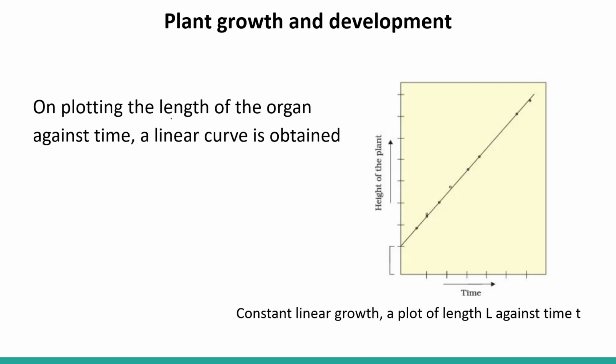Now, on plotting the length of the organ, such as root, against time, what is seen? A linear curve is obtained. If we plot a graph, you can see this is the graph of the length of the organ against time, then a linear curve is obtained.